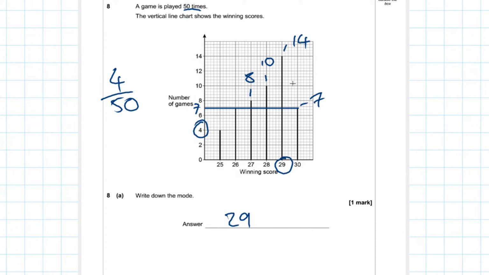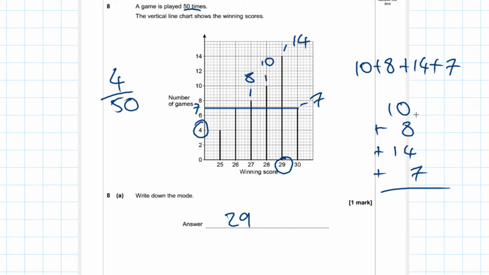So then all we do is add up our scores. So it's 10 plus 8 plus 14 plus 7. Again, take your time when you're adding the numbers up. Don't rush them. So 8 plus 4 is 12, and then 12 plus 7 is equal to 19.